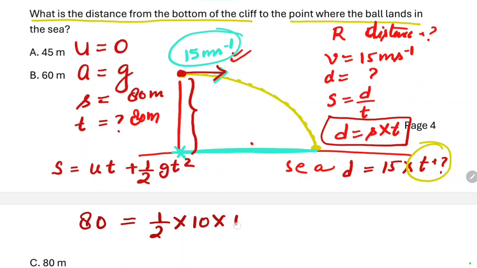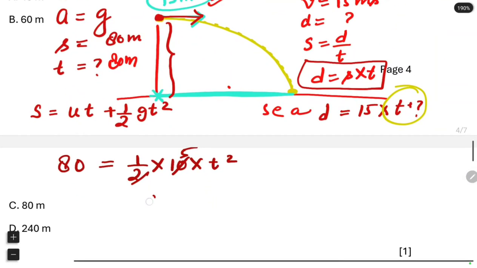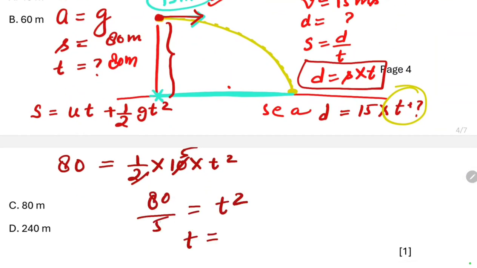I'm just taking it 10 for the sake of calculation. So I get it as 5, right? So 80 over 5 equals t square. So t square comes out to be 16. Okay, so t comes out to be 4 seconds.